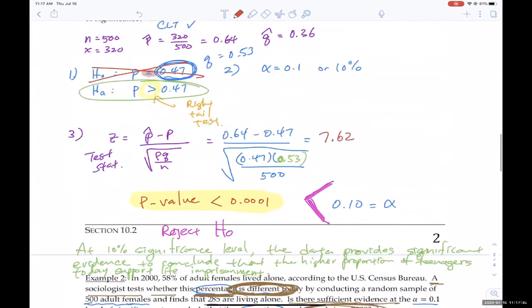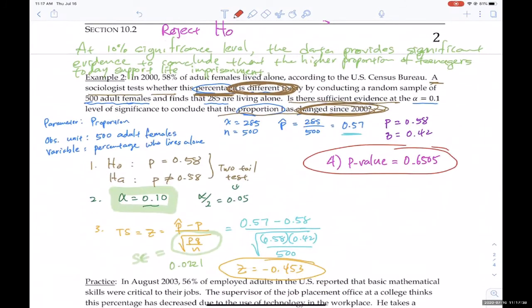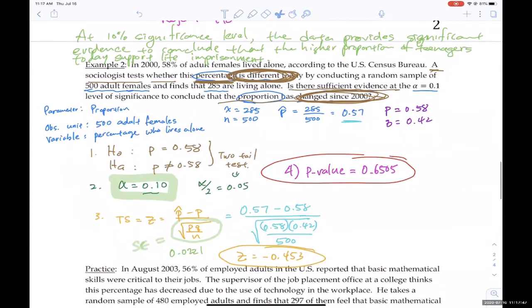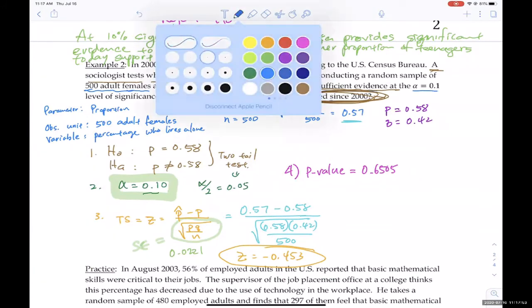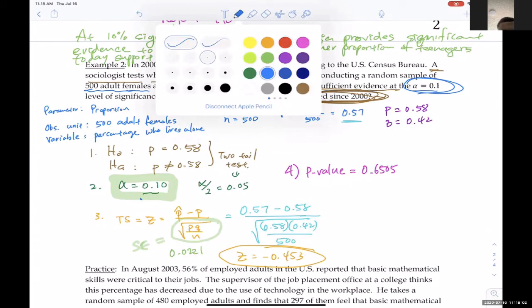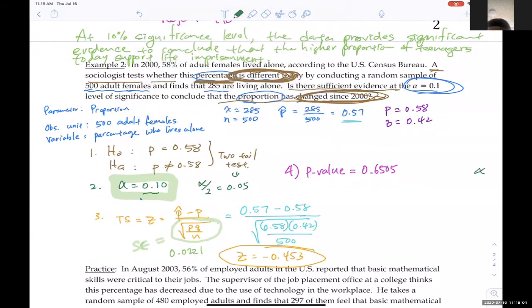Now let's look at this p-value and compare it to our significance level, alpha. What's our significance level? Alpha is 0.10.